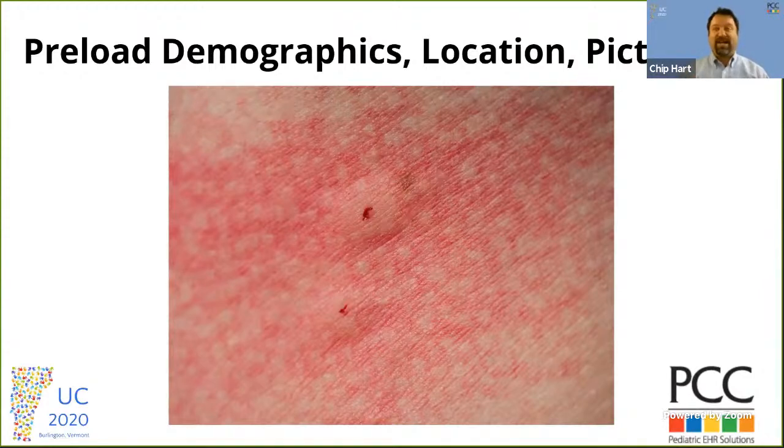They're the ones who've decided not to pay us. You are not the cause of the problem. The more you can get them used to paying for portal exchanges, emails, and phone calls, the sooner pediatricians are going to start to get recognized for all the unpaid work that you've been doing since the beginning of time.